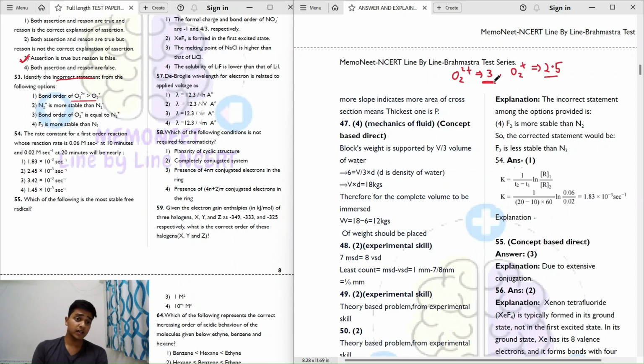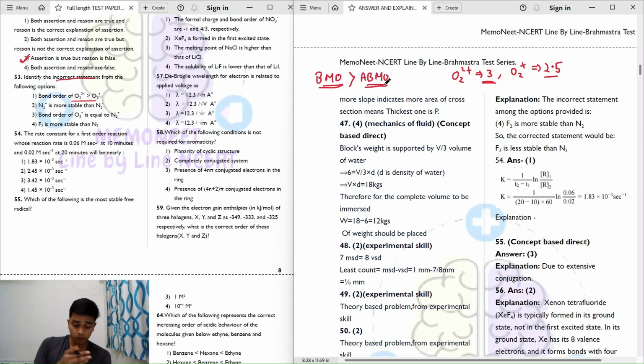Next statement says N2+ is more stable than N2-. This is also a correct statement because in N2+ the number of electrons in the bonding molecular orbitals is greater than that in the antibonding molecular orbital.